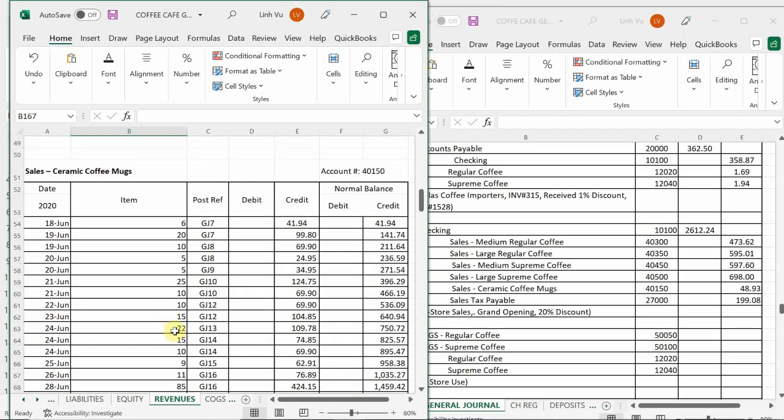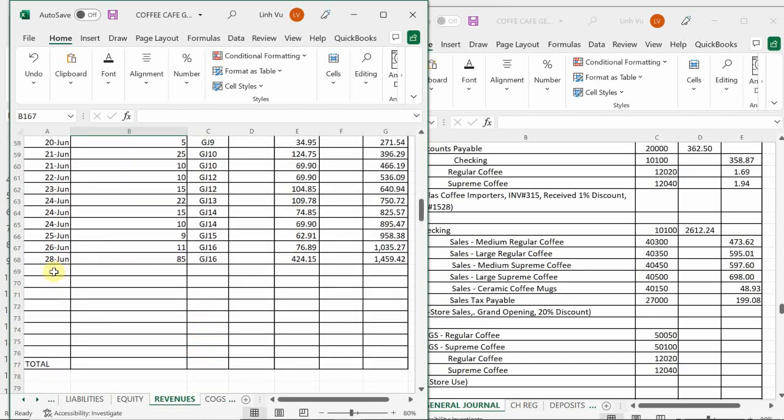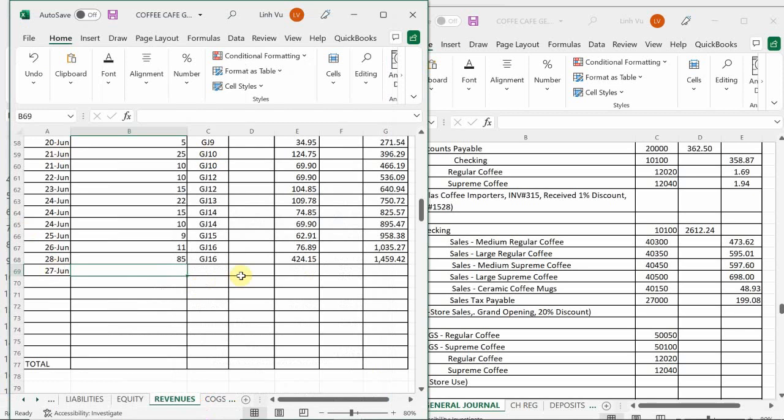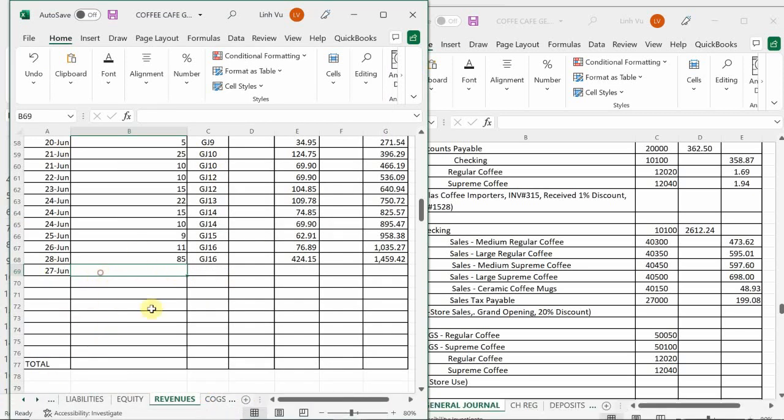Okay. Last thing that I sold was the ceramic coffee mugs. All right, how many did I sell? I sold a total of 7 ceramic coffee mugs. Right, General Journal 18.